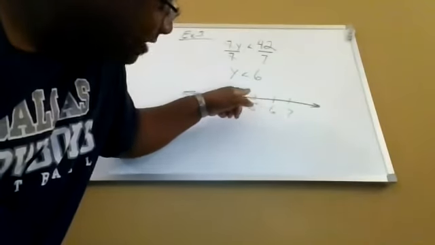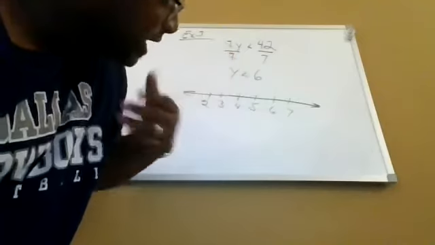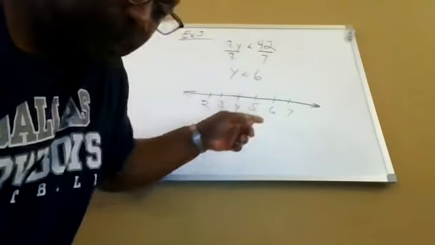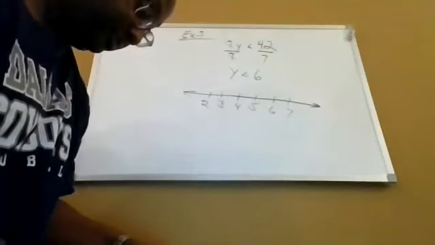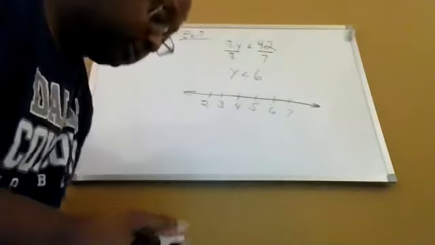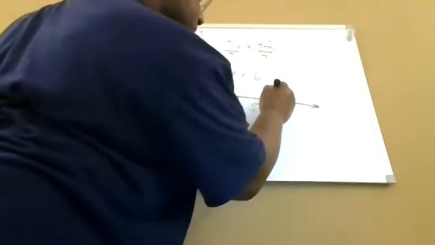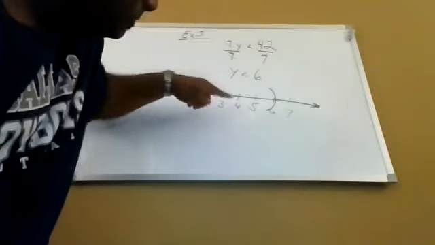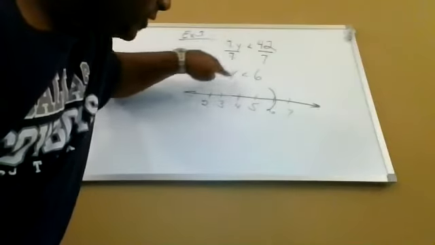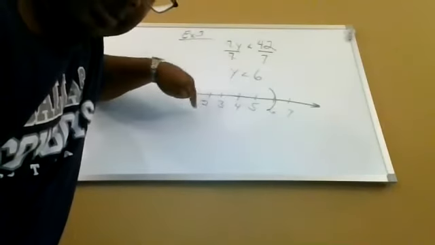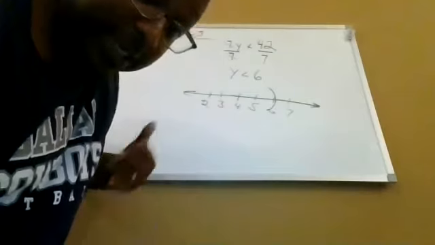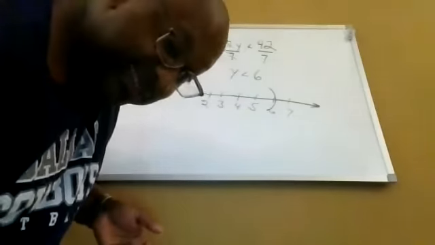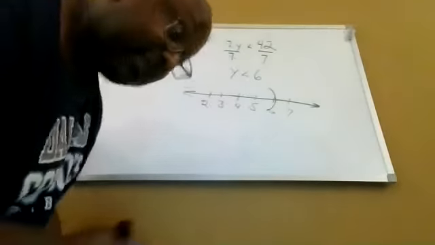But notice that we have just less than. So at 6, we're going to use a parenthesis because we do not want to include the number 6. And then all the values of y that will make this inequality true are to the left. That means 5 is less than 6, 4 less than 6, 3, 2, 1, 0, -1, -2, -3. You get the idea. Draw a line to represent that.